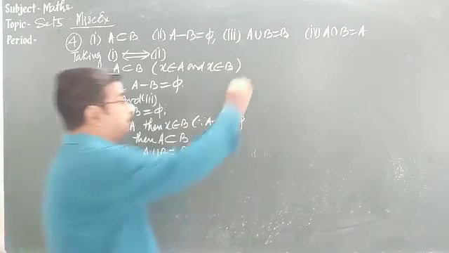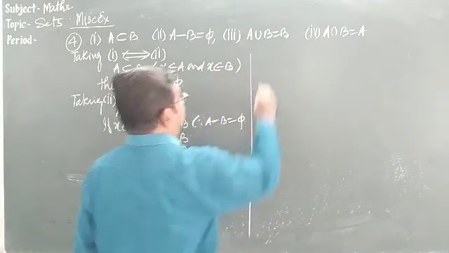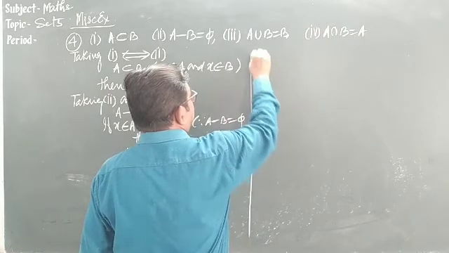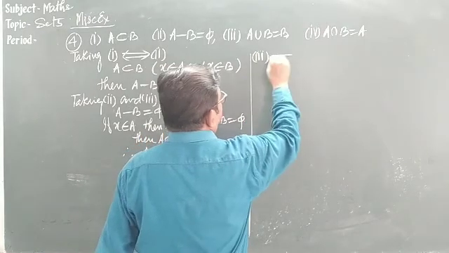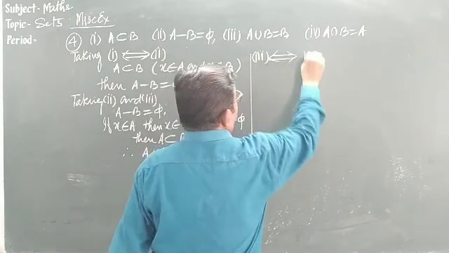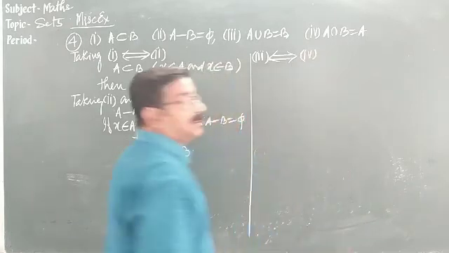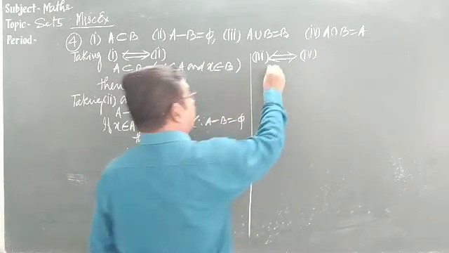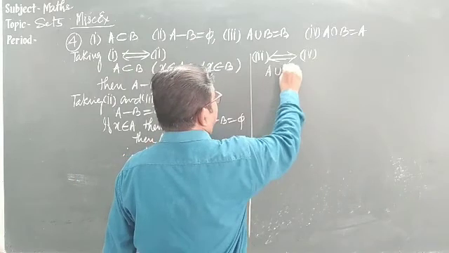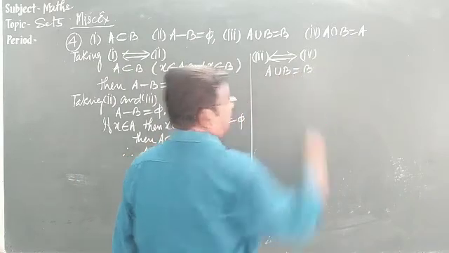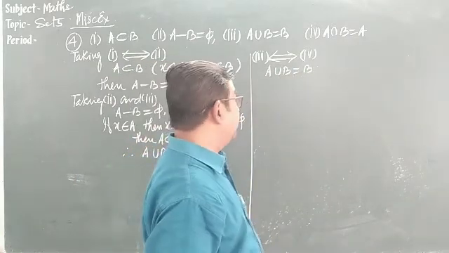Now taking third and fourth, we are given A union B is equal to B. What does it mean?